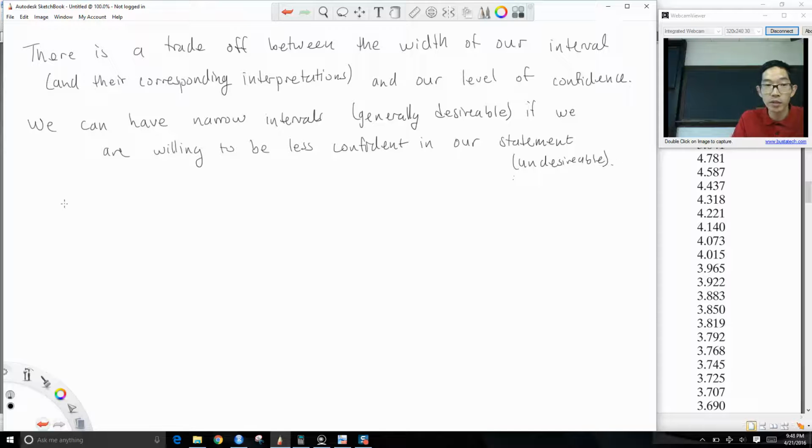Or we can have wider intervals if we want to be more confident.